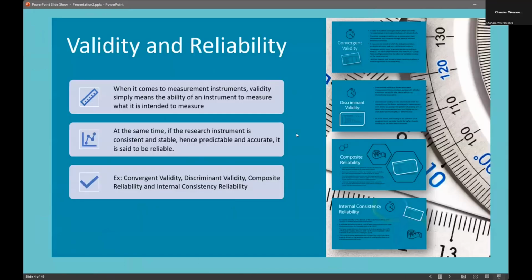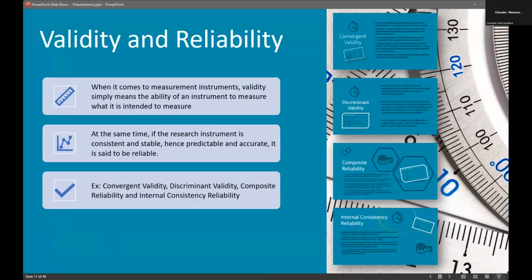Very important two things. Can somebody just mention or maybe just explain to me what do you mean by these two terms, validity and reliability? Anybody? Any idea? What do you mean by validity?